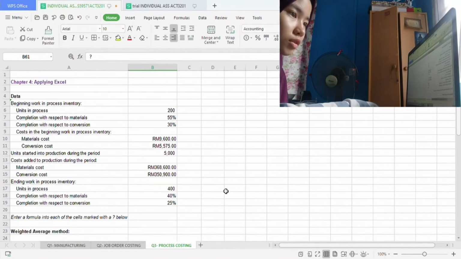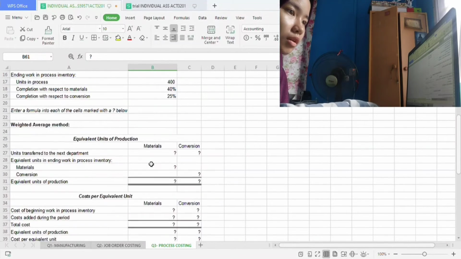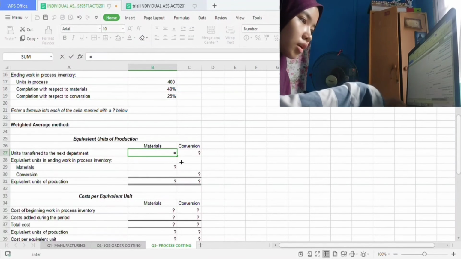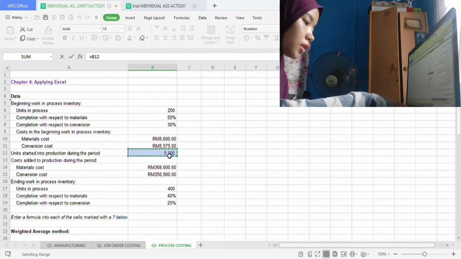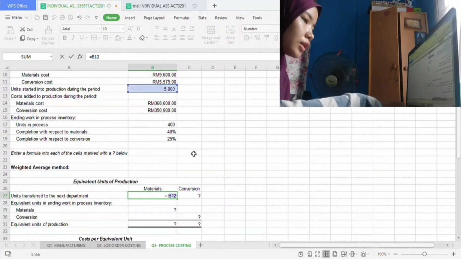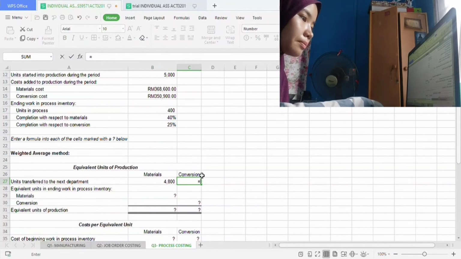Next, process costing. To get equivalent units of production: units transferred to the next department, units started into production during the period, minus beginning work in process inventory, same.